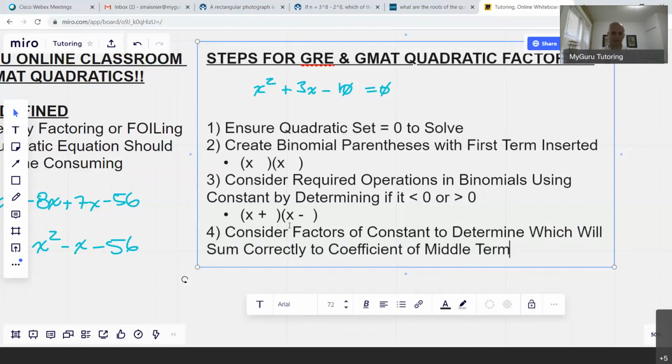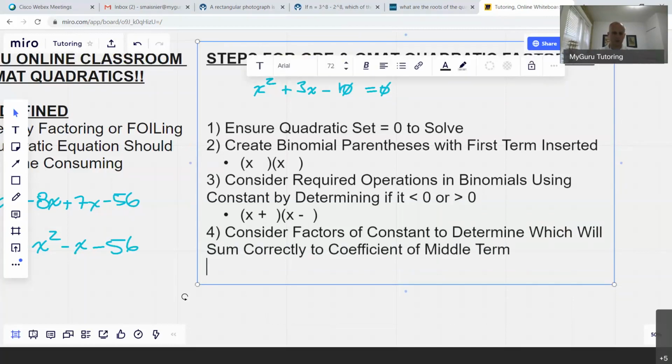So the largest term is the x squared, the middle term is the 3x, the single x, and then the constant is just 10. So we need to consider what would be the factors of -10 that will sum to +3.